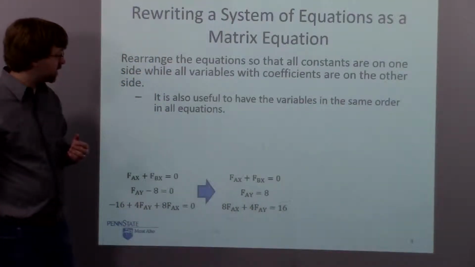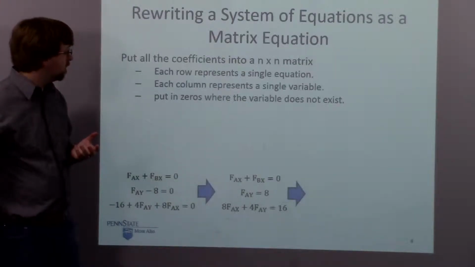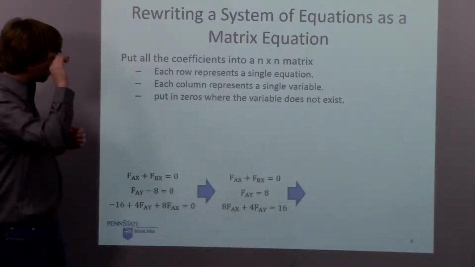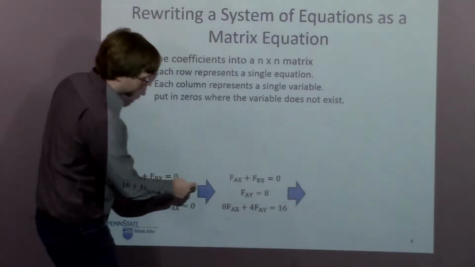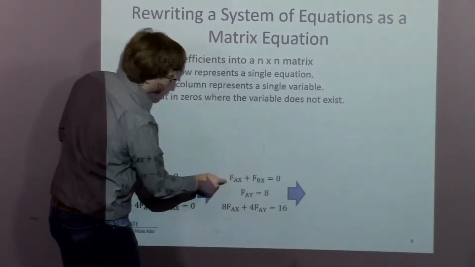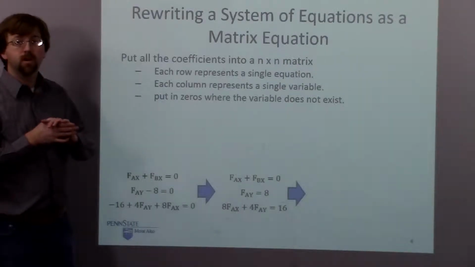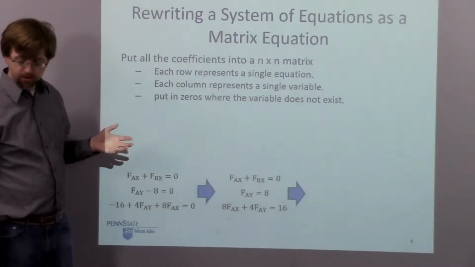So once I have them rewritten in this very specific fashion, I can start rewriting this as a matrix equation. On the left side of our equations, we're going to have all the coefficients before our variables.